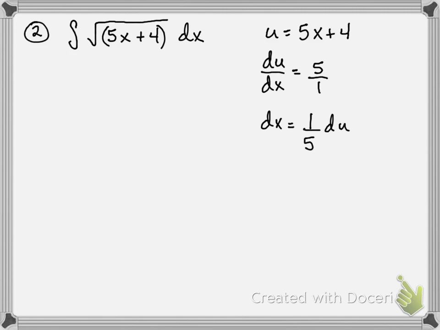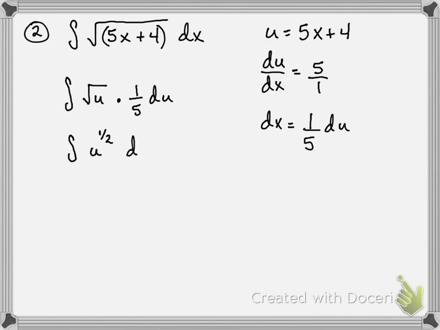So, here goes my substitution part. I have the square root of u times 1 over 5 du. The square root of u is actually u to the 1/2 power.